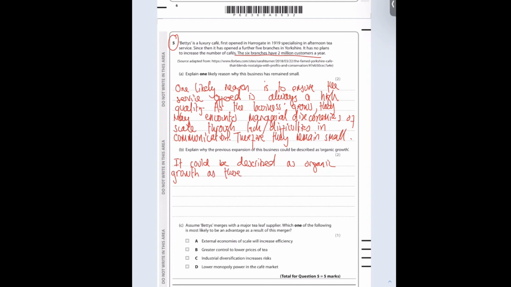As there's no evidence of mergers or takeovers to facilitate growth.